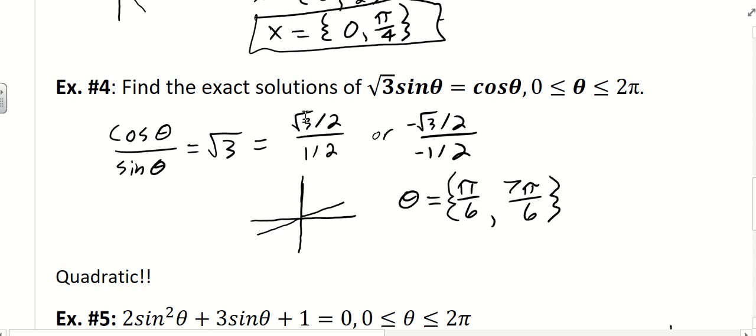Where I get square root of 3 over 2 for cosine and 1/2 for sine is right here at pi over 6. If I want them both negative, I can go over here. This would be 6 pi over 6, 7 pi over 6. So I would have those two angles.